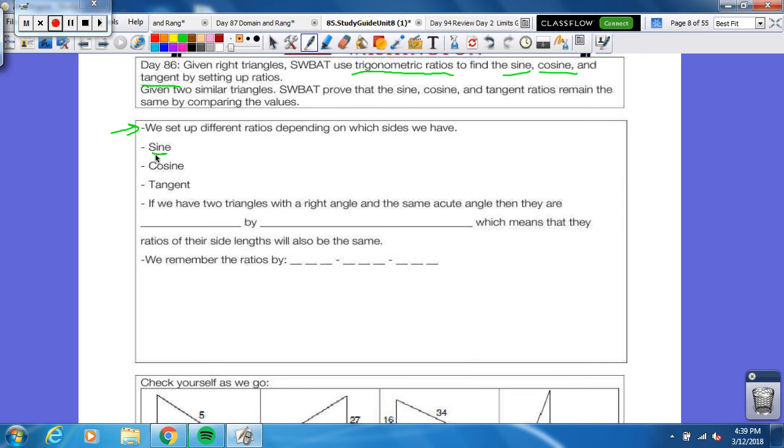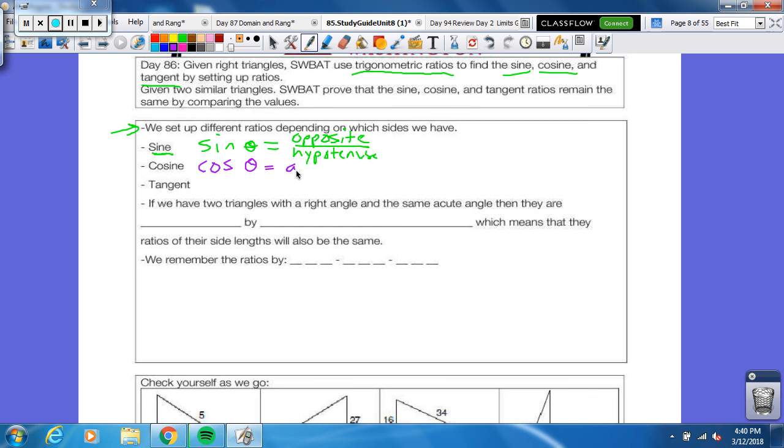So sine, right here, is always going to be, so sine of theta, sine of an angle, is going to be the opposite over the hypotenuse every time. Okay, what else we got? We got the cosine. So cosine is abbreviated cos, but it's pronounced cosine.